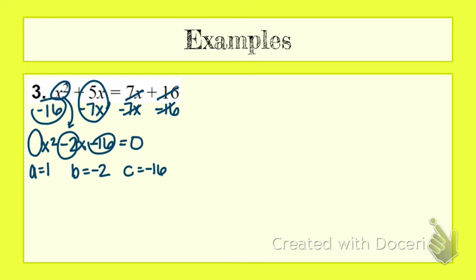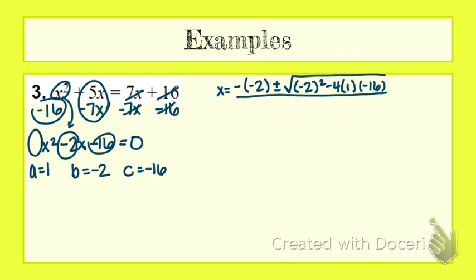We're going to plug those into the quadratic formula. x equals negative b plus or minus the square root of b squared minus 4 times a times c, all divided by 2 times a. So we're going to reduce this, simplify it.